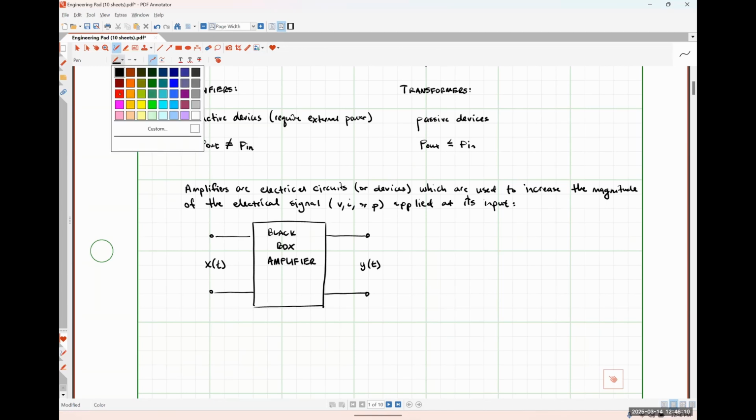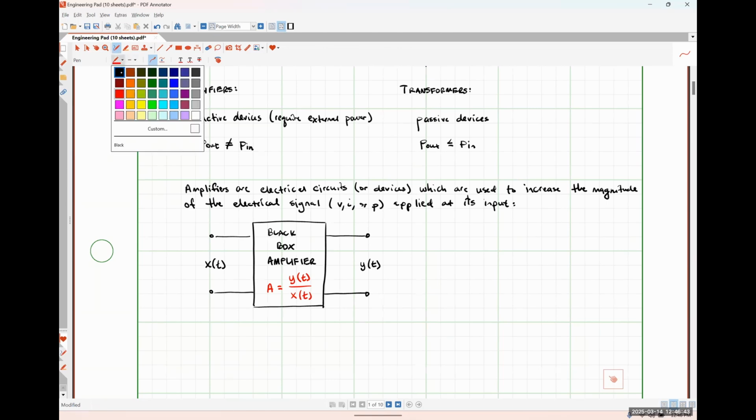All circuits realistically have transfer functions, but for an amplifier, we usually call that transfer function the gain of the amplifier, where gain has the symbol capital A, and our definition for our gain is going to be the output signal divided by the input signal.